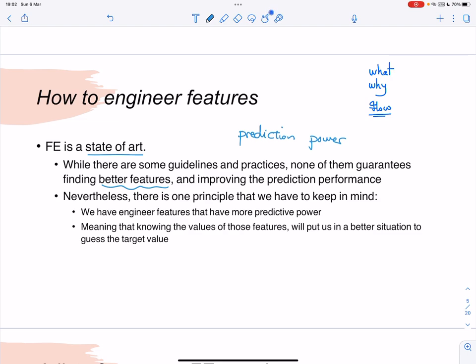So there is no way to guarantee that if you do these things, then you would improve the performance of your model by this amount. There is no way to guarantee such a thing. Nevertheless, there is one principle that we have to keep in mind.